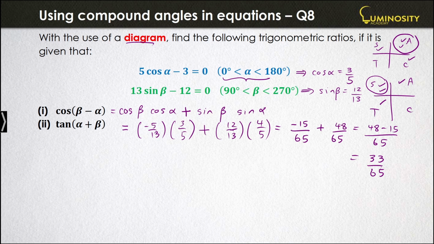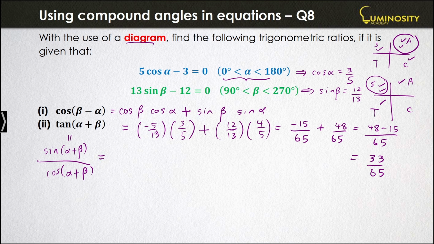Okay, and then for this one here, tan of alpha plus beta, we can rewrite that as sine of alpha plus beta divided by cos of alpha plus beta. Because we didn't derive a compound formula for tan, although we actually can derive one, it's not necessary at this point, and we'll just use sine and cos.